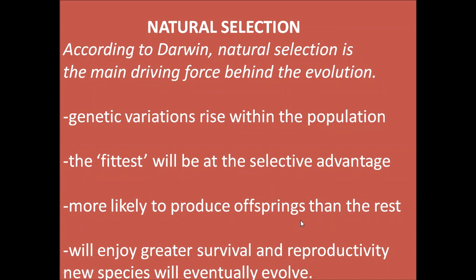The birds which have adapted to this type of food or environment will produce offspring. Offspring means the new individuals will enjoy greater survival and reproduction, and eventually new species will evolve.